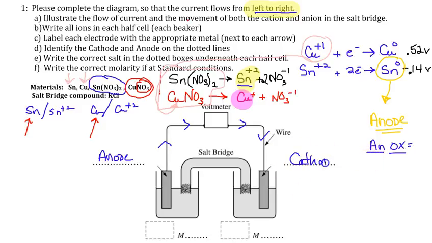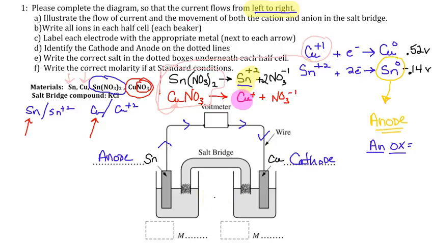So electrons flow from the anode, the place that loses electrons, to the place that accepts them, the cathode, always. So by saying left to right flow, I know the anode is here. And what does it also tell me? Well, we know the anode from the standard reduction potentials has to be tin. And therefore the cathode must be the copper. Okay, so that's how I did that.